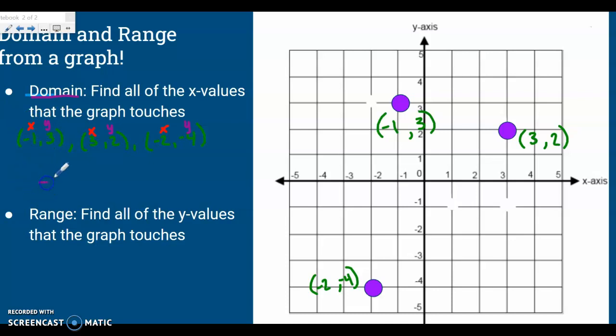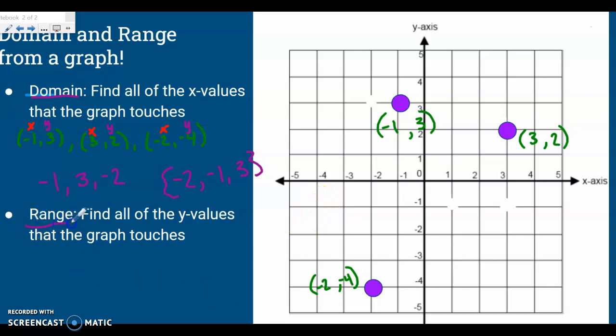So our domain is -1, 3, and -2. And what we like to do is order them from the smallest number to the biggest number. So our smallest number is actually -2, then -1, and then 3. And that is our answer for our domain.